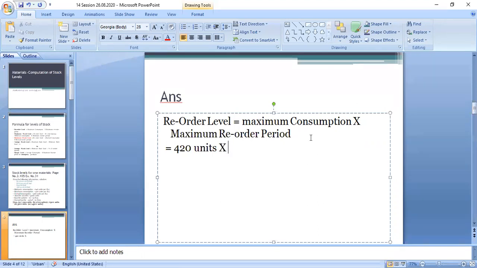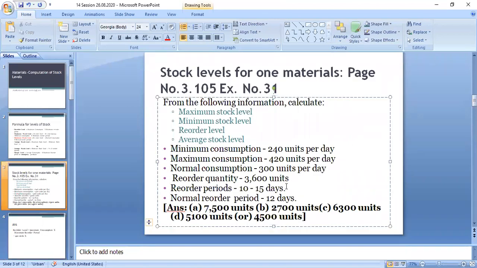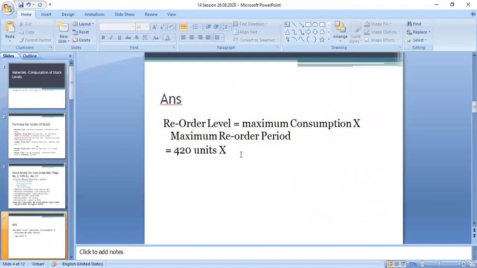This period is given, but they are giving only the reorder period as 10 to 15 days, that we can understand. So 10 is minimum, 15 is maximum. So now the maximum reorder period is 15 days.